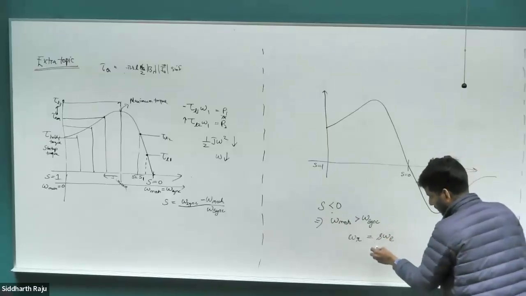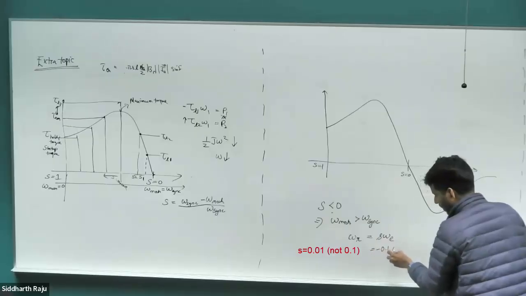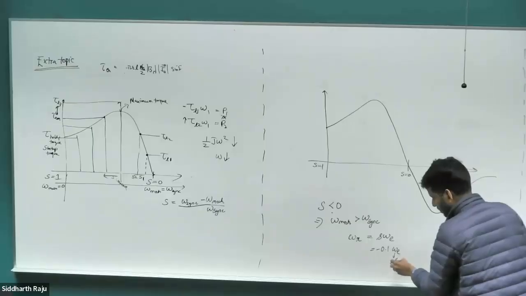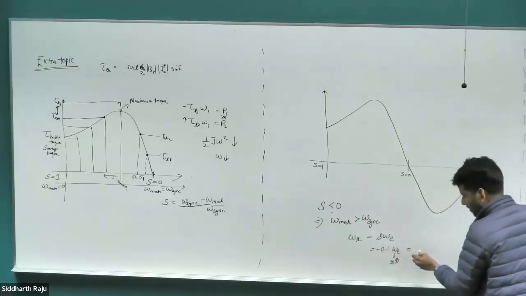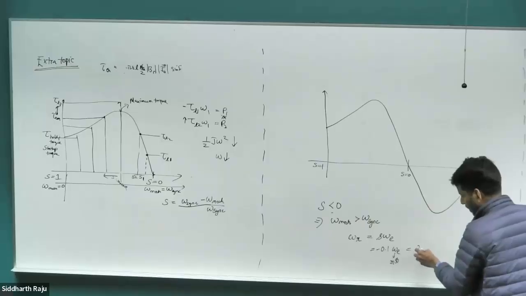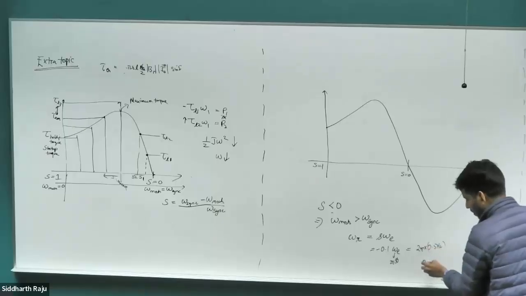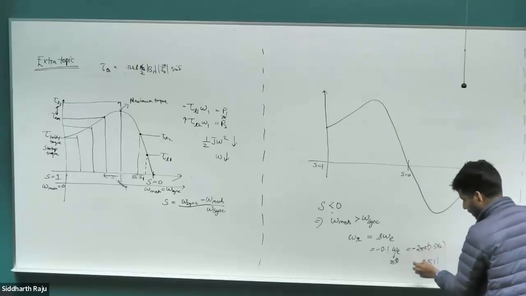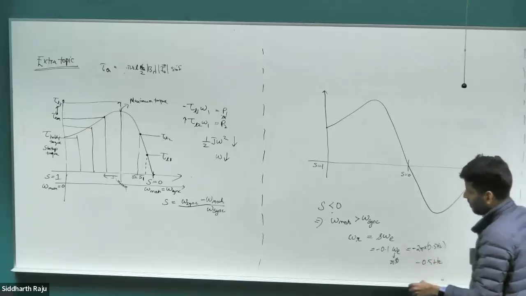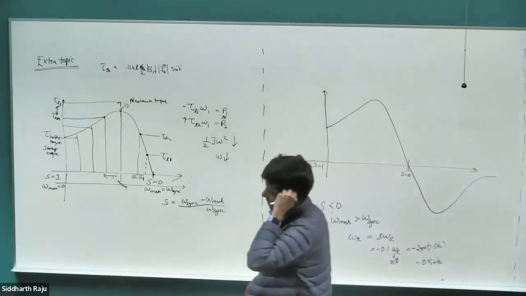Now, if slip is negative, let's say slip is minus 0.1, and our omega e is 2 pi times 50 hertz, then the rotor frequency is now 2 pi times negative 5 hertz. So the frequency at which the electrical components are going is negative 5 hertz. And we have already seen what this negative frequency means, right?